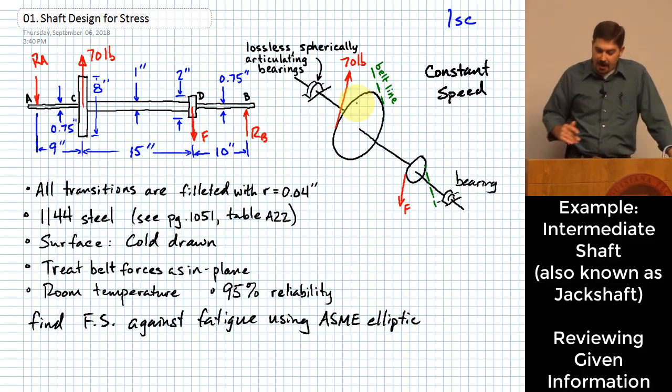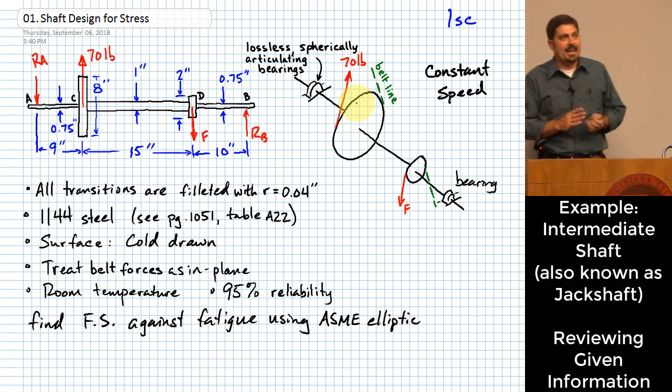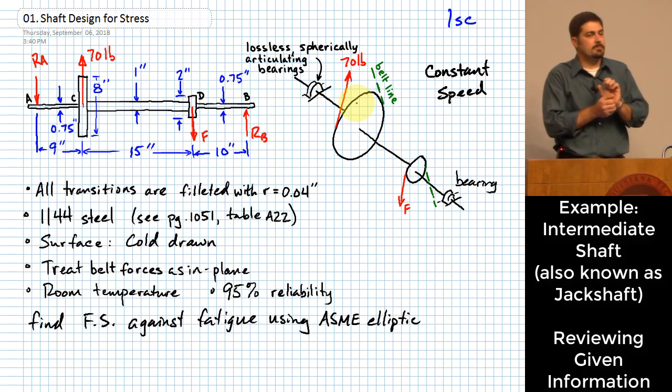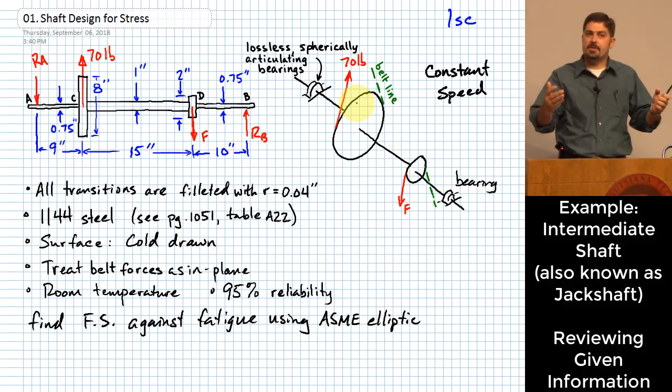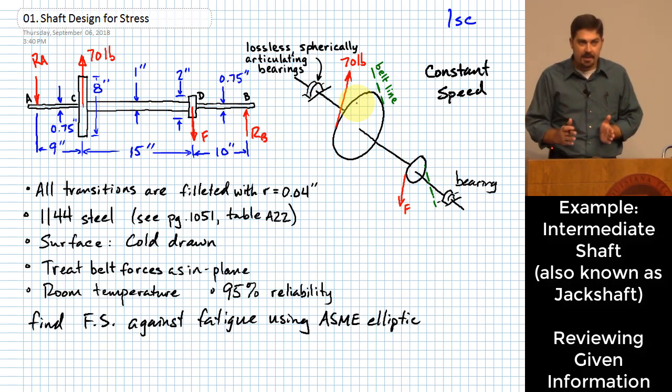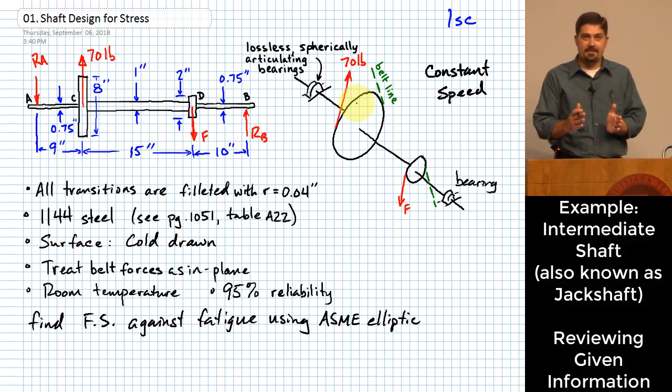Then we have 95% reliability. Why is that something you might need to know about? Why is that a piece of information I might want to give you? Remember, fatigue is not a deterministic process, and yet we are treating it with a deterministic method here.